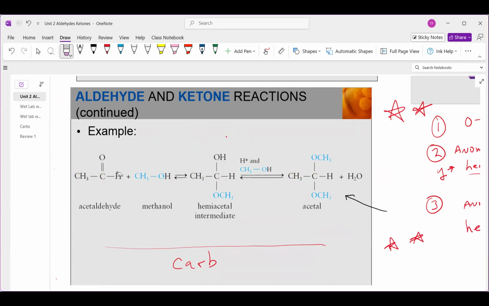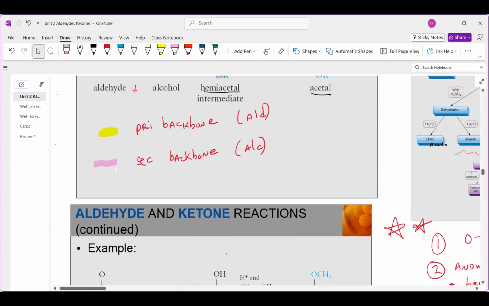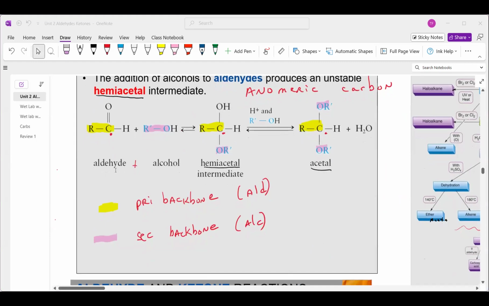So whenever we have an aldehyde and an alcohol together, they're going to react. What happens is this carbon here, the carbon that the aldehyde comes off of, is a very special carbon.